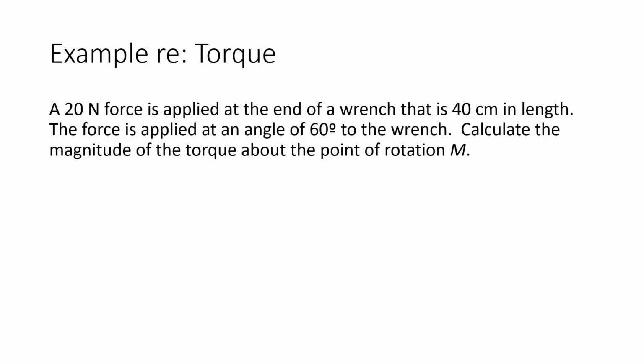So imagine that we have a 20 Newton force applied at the end of a wrench that is 40 centimeters in length. The force is applied at an angle of 60 degrees to the wrench.